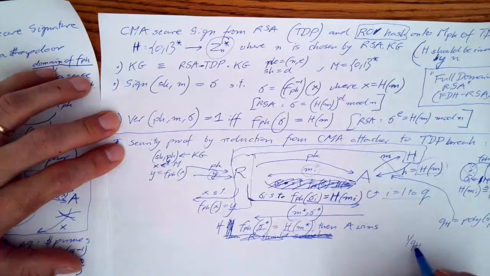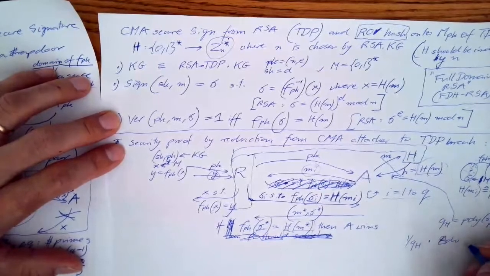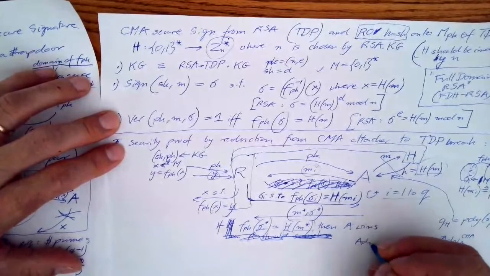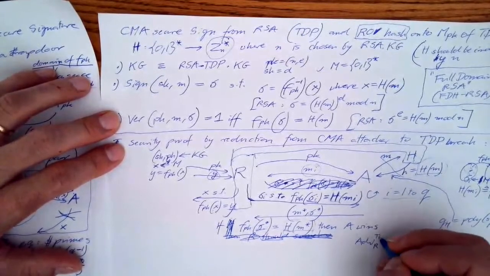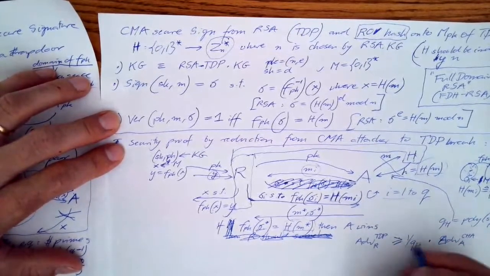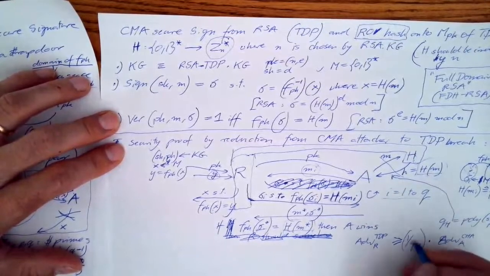And that works with probability 1 over Q_H. So the advantage of the attacker against the CMA game of the security, and the advantage of the reduction in the trapdoor permutation game, will be like this. But if Q_H is polynomial, this is 1 over polynomial, so this whole thing is 1 over polynomial. Okay.